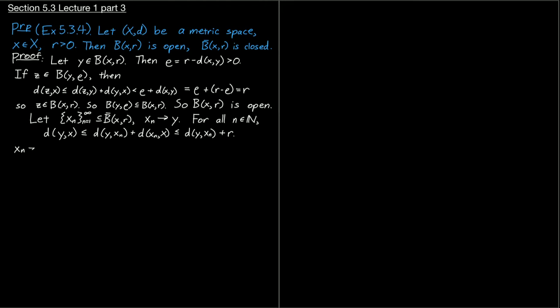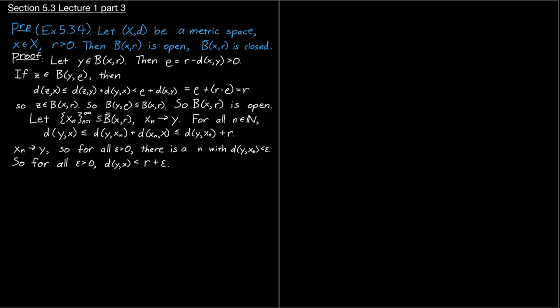And now x_n is converging to y, so for all epsilon greater than 0, there is an n with the distance from y to x_n being less than epsilon. So for all epsilon greater than 0, the distance from y to x is less than r plus epsilon.